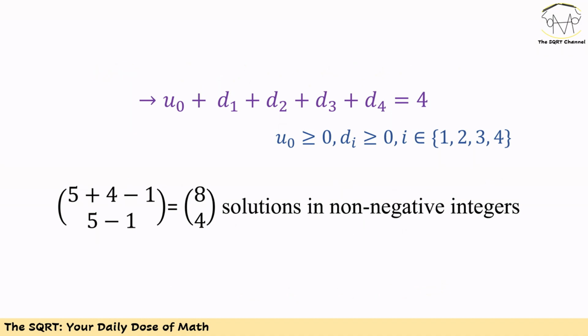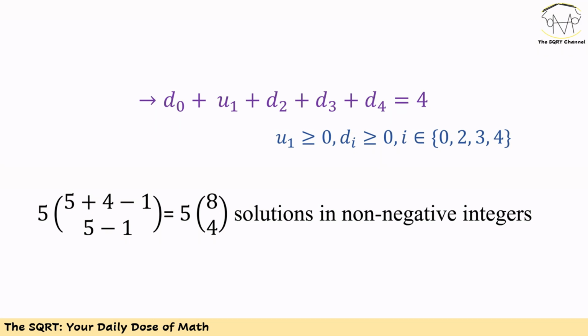Here u0 is at least 0, and d1, d2, d3 and d4 are going to be 0 or anything greater than 0. Now you can see that the total possible cases that we have to meet this condition is going to be 8 choose 4, using theorem 2 that we showed before.